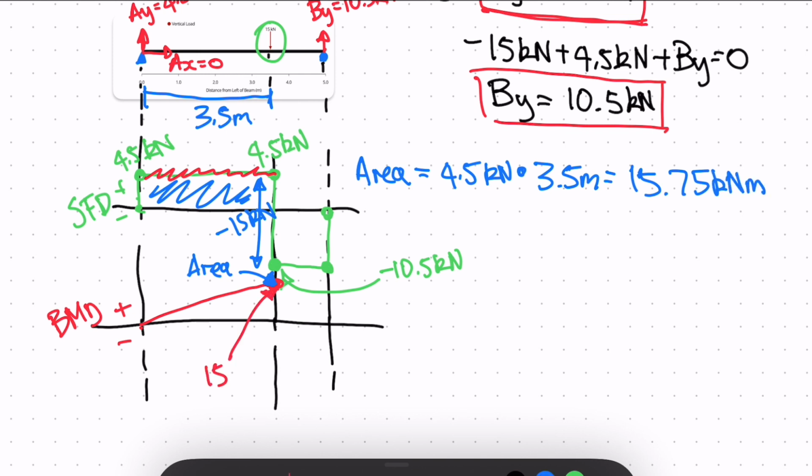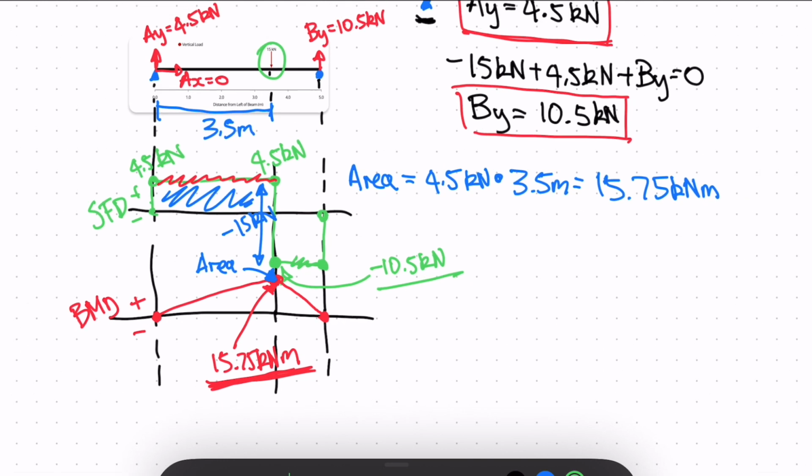This point here is 15.75 kilonewton meters. And then this will decrease linearly as well until we reach 0. So now we found our maximum moment and we found our maximum shear as well of minus 10.5 kilonewtons. And that's it.